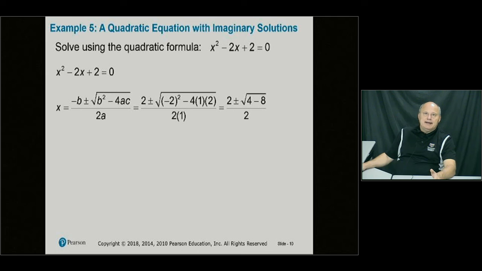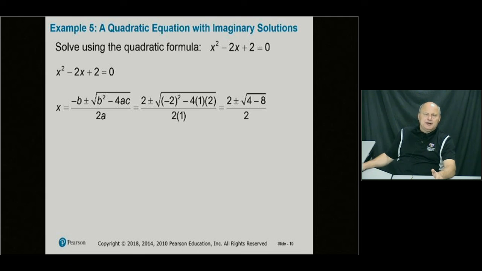Remember, b is negative 2, so that's why it's 2 at the very front. Then plus or minus the square root of negative 2 squared, minus 4 times a, which is 1, times c, which is positive 2, all over 2 times 1.